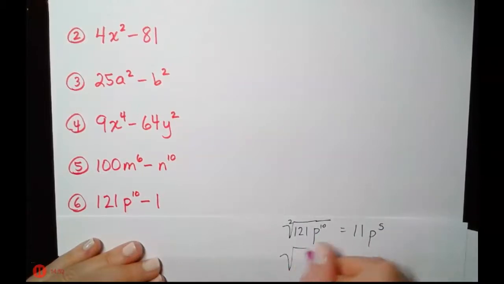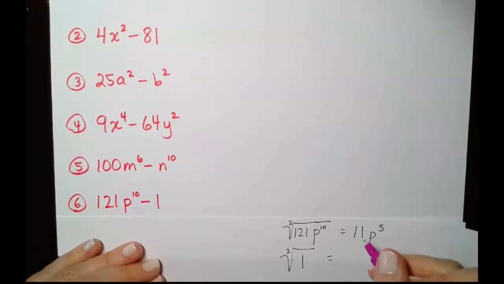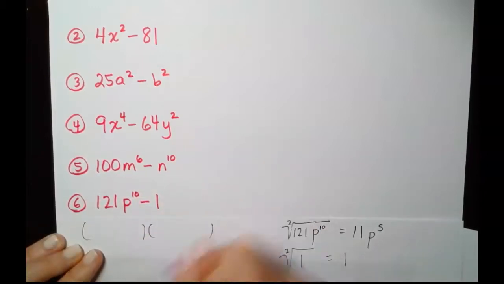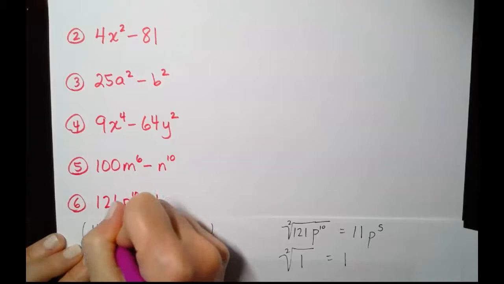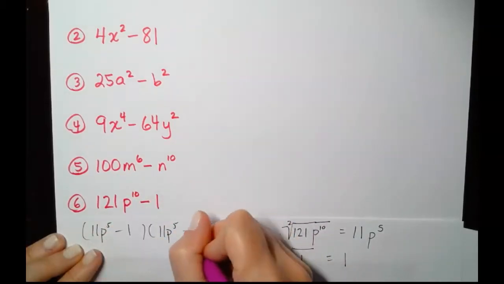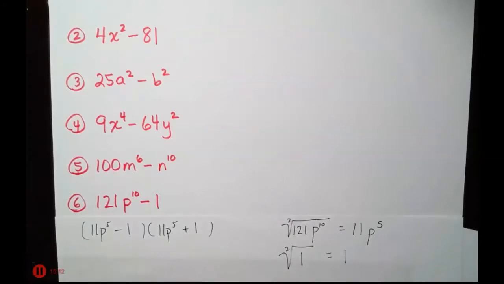And lastly, the square root of 1. Something very simple. What times itself equals 1? 1. The square root of 1 is 1. So our factors here for number 6, 11p to the 5th minus 1, 11p to the 5th plus 1. That, ladies and gentlemen, is a complete explanation of the difference of two squares.